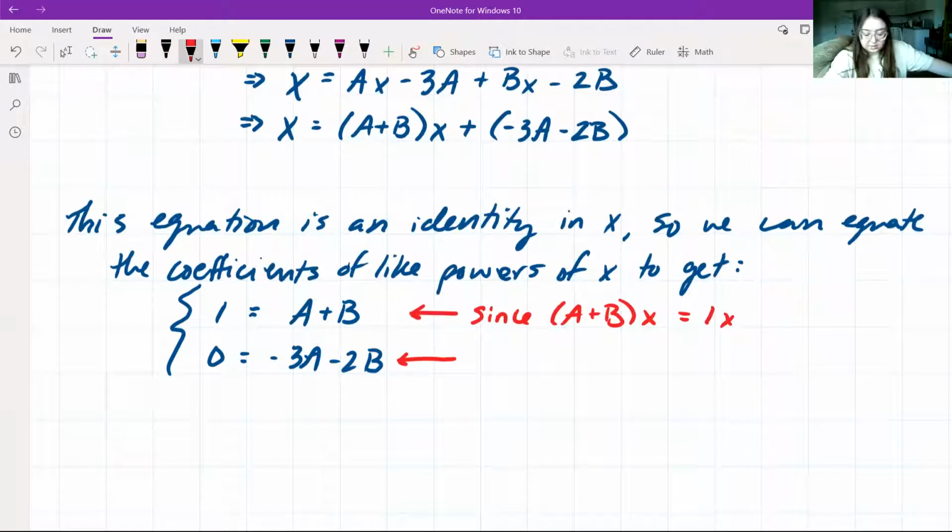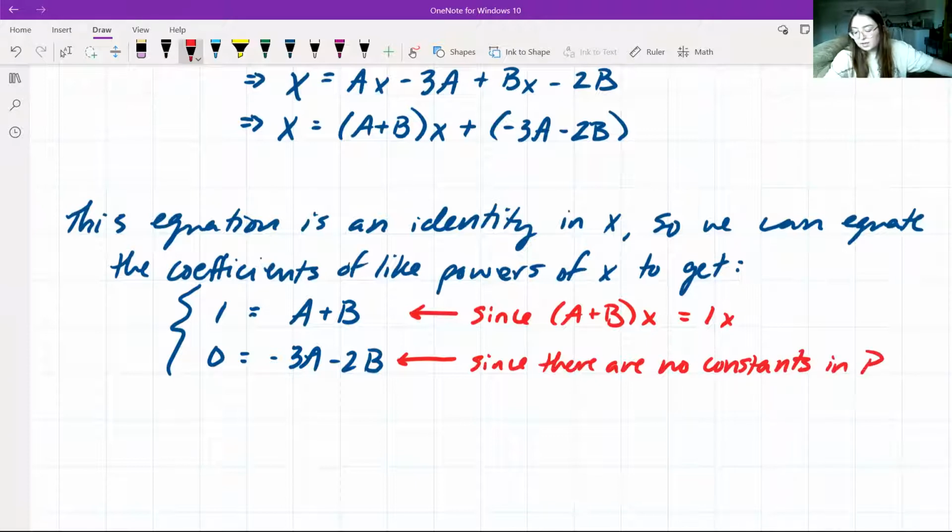They have to be equal to 0 since there are no constants in p. P is our numerator. When we think of our fraction that we're taking the partial fraction decomposition of, we think of this as p over q. So in this case, p is just x. So there's no constants in our original numerator, which means that negative 3a minus 2b has to be equal to 0.